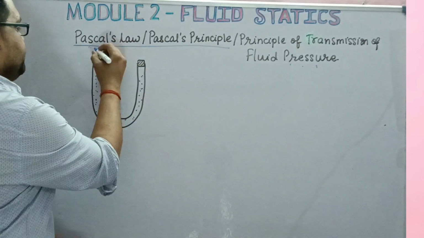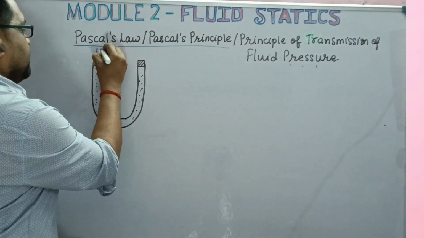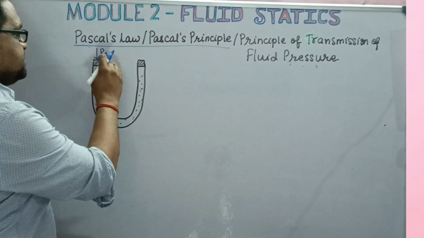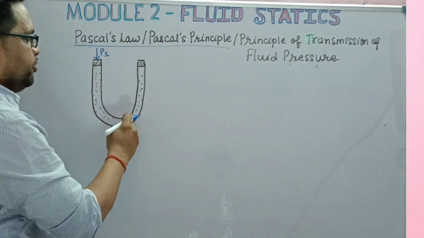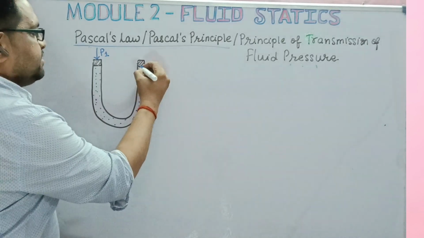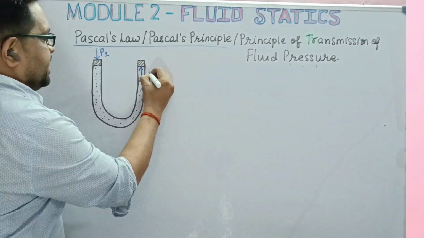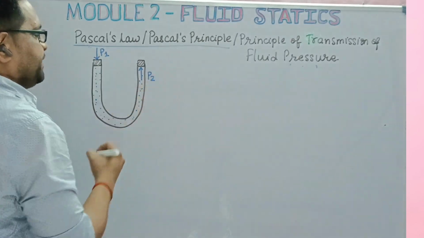Now if a pressure P1 is acting on the left piston, then the pressure will be transmitted throughout the fluid and it will be felt by the right piston. So we have a pressure that will be acting on the right piston. Let us say that it is P2.